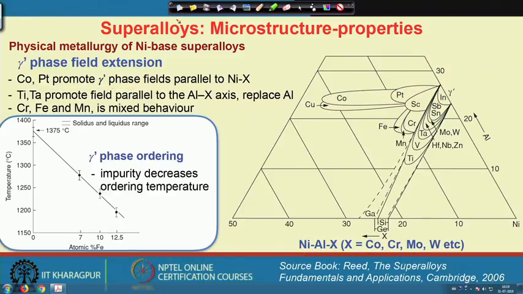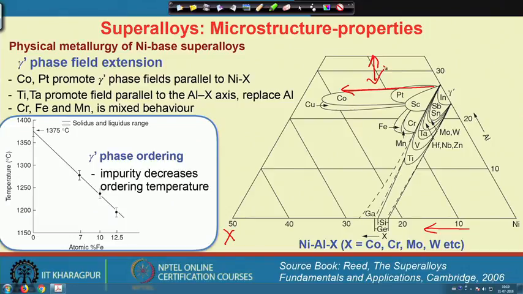So, cobalt, platinum and also copper basically extend this phase field in the direction of nickel and X, this side. It simply says that the addition of cobalt and platinum does not replace the aluminum. Okay, this is very clear.